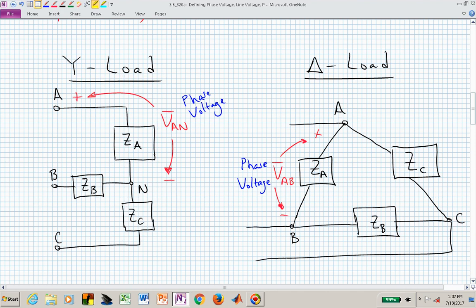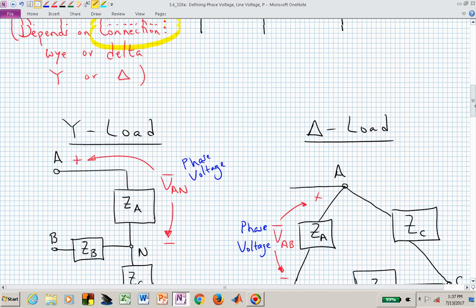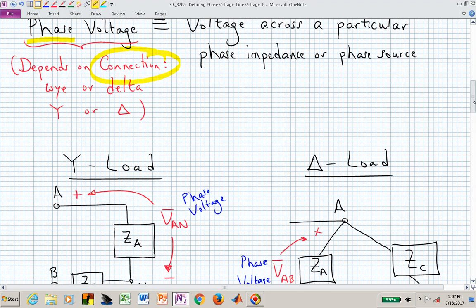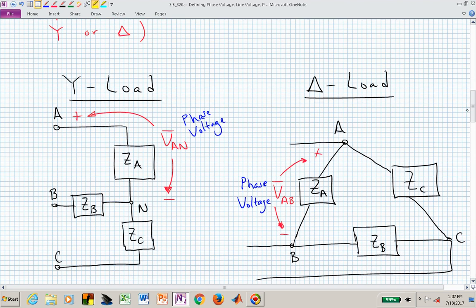The phase voltage, again, is defined to be the voltage across a particular phase impedance. The A phase impedance in the Y connection is then going to determine the phase voltage. What is the voltage drop from the A terminal to the neutral terminal in the Y connected load?